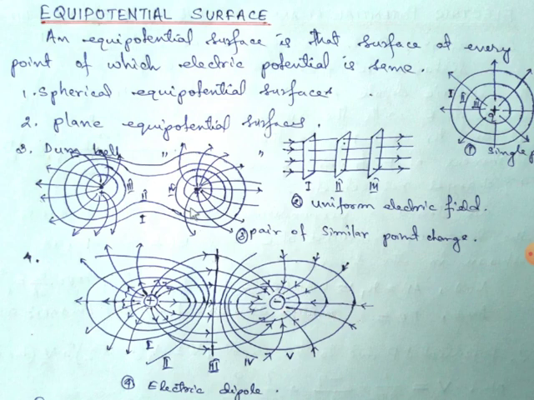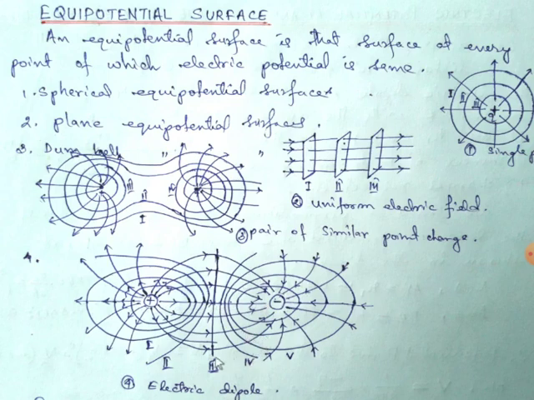But in the case of similar point charges, it is just opposite. Far away it will become somewhat closer, and in between them the distance between the equipotential surfaces will be farther apart. The distance of separation will be more when it is away from the charges. And the distance of separation between any two equipotential surfaces will be very small in between the two charges in the case of dissimilar charges, an electric dipole.